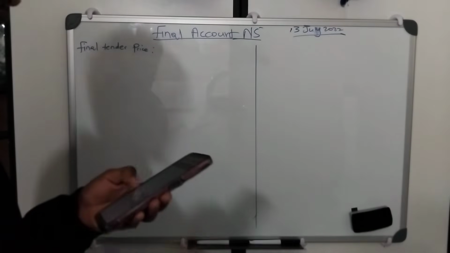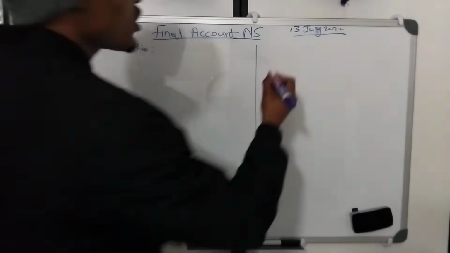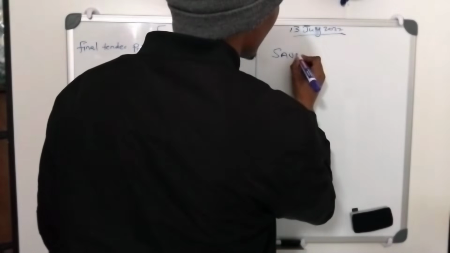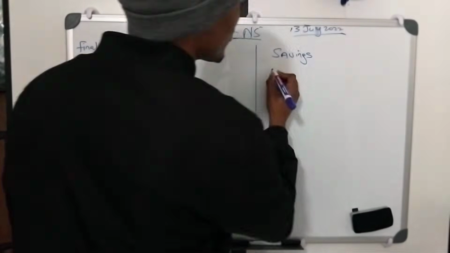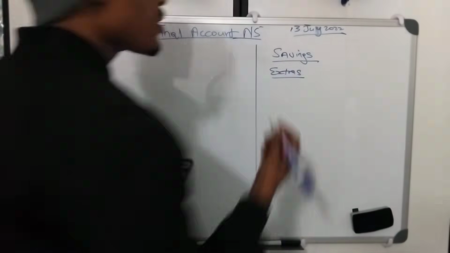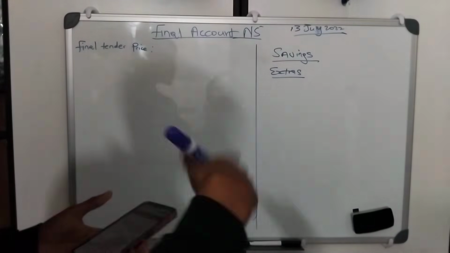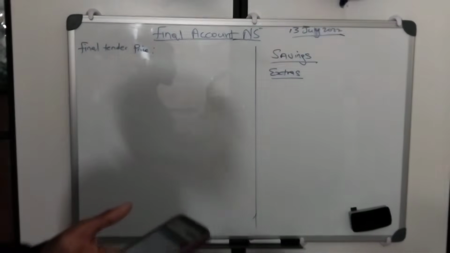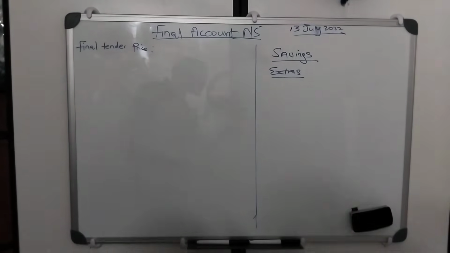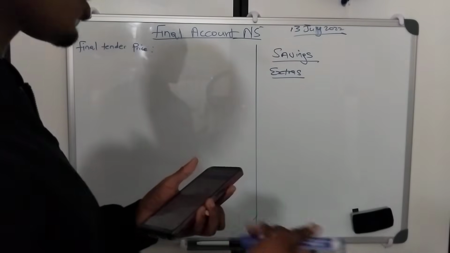Now there are two things that you're going to be doing on the final account: savings, and you're going to have extras. I have a simple way of helping someone understand the difference between these two.